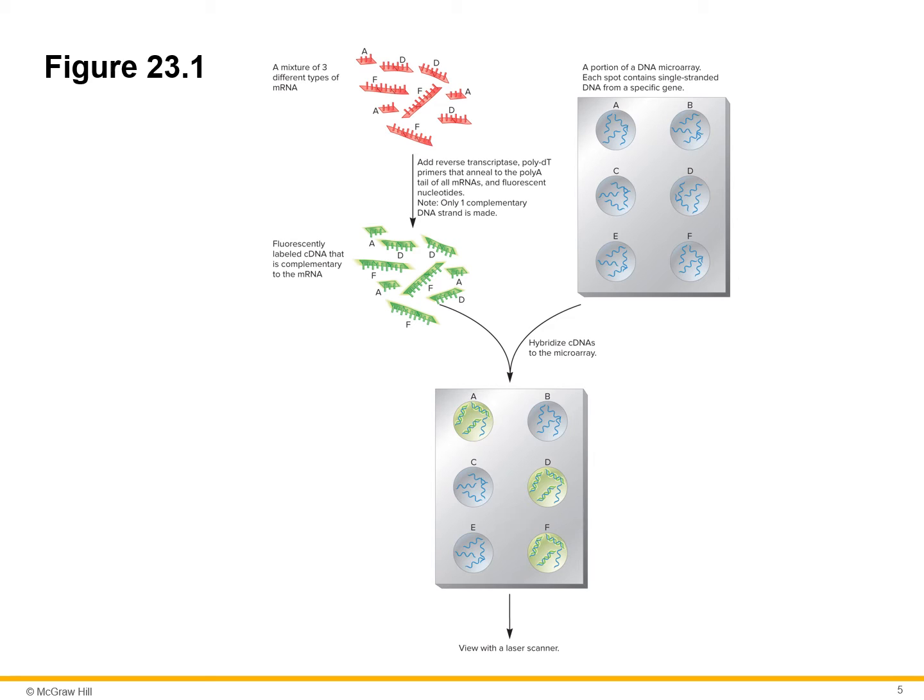And then what you do is, so here you have your microarray, and we would just be looking at a tiny portion of it with 6 different spots. Again, there would be thousands of spots on a real chip. So if you're looking to see what genes are being transcribed in a particular cell, you would have the mRNA from that cell, which would have the genes that are being transcribed in that particular cell.